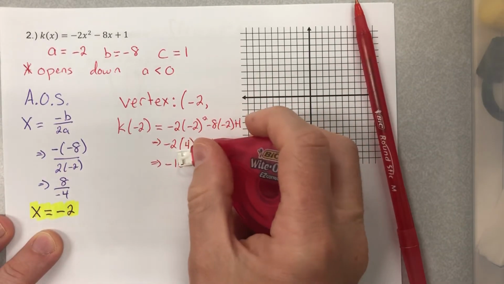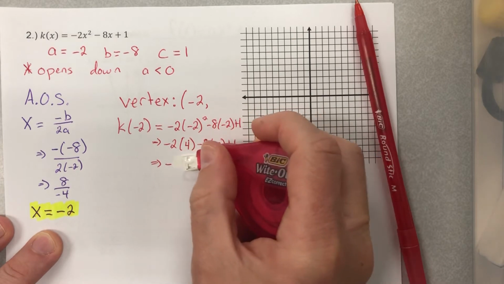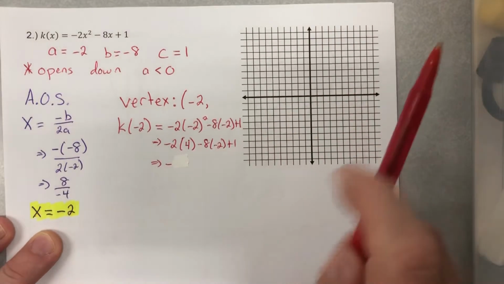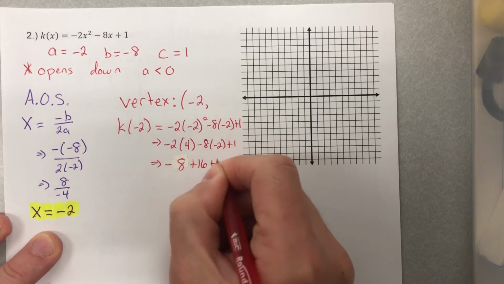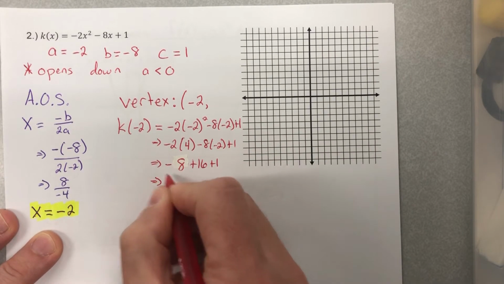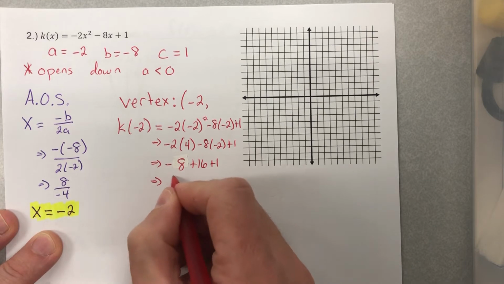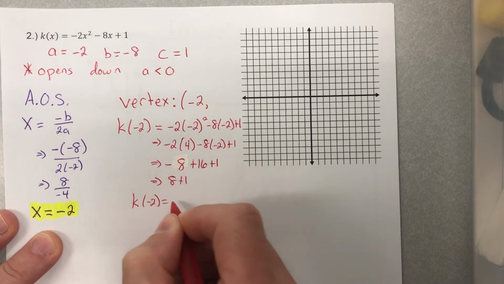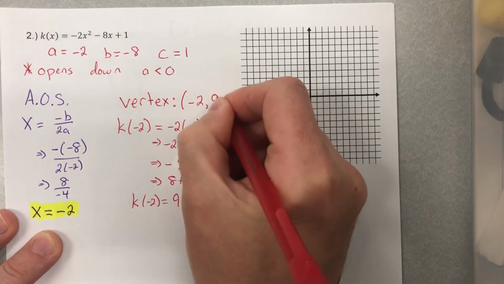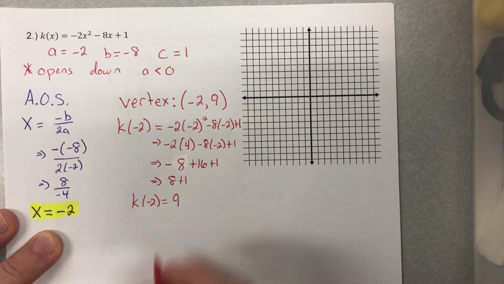That's a mistake. So this is -8 plus 16 plus 1. So this would be 8 plus 1. So our y value in this case is 9. So our vertex is going to be -2, 9.